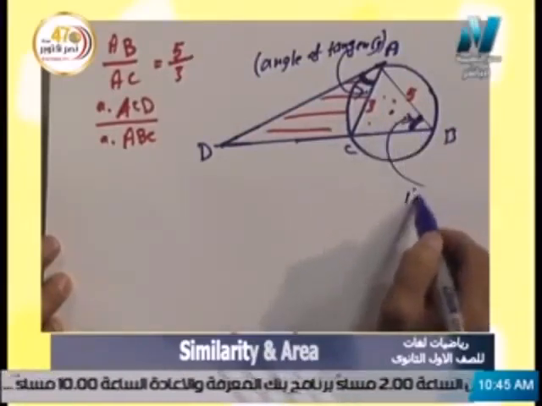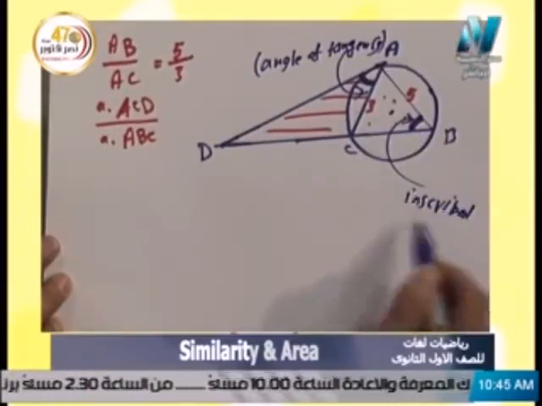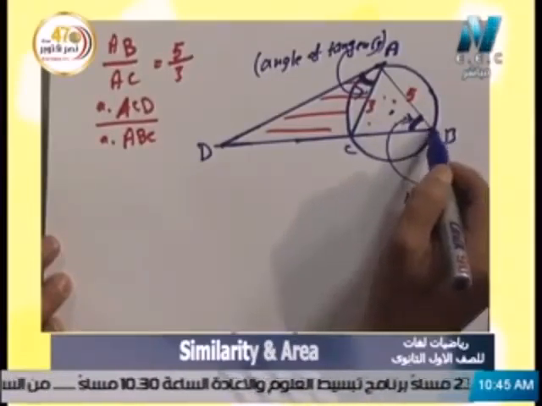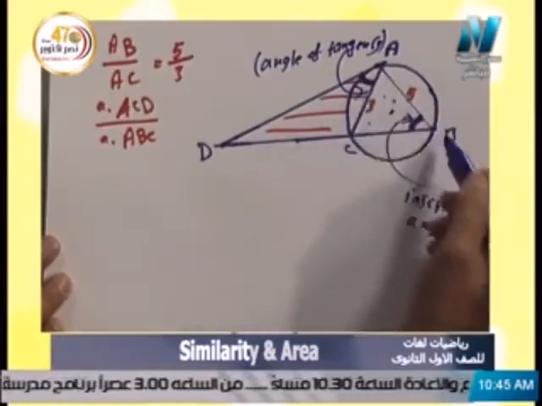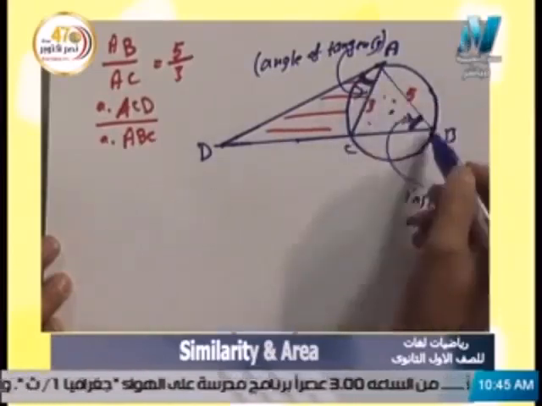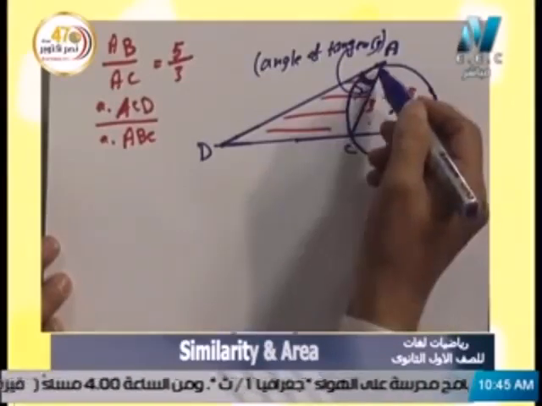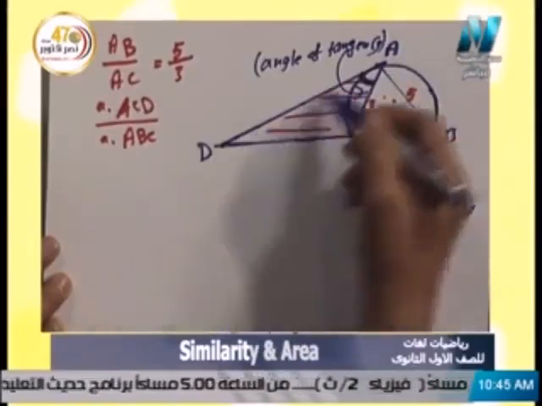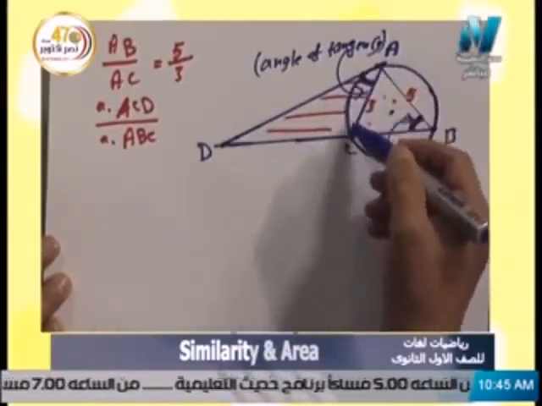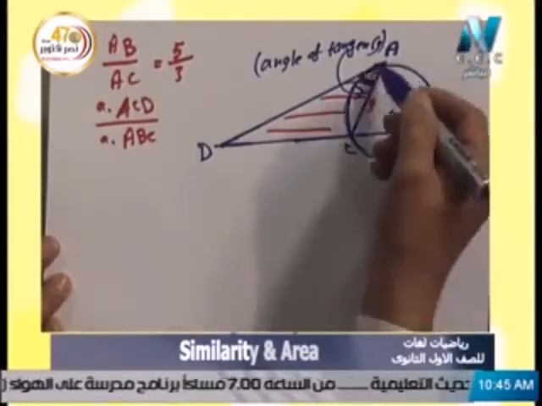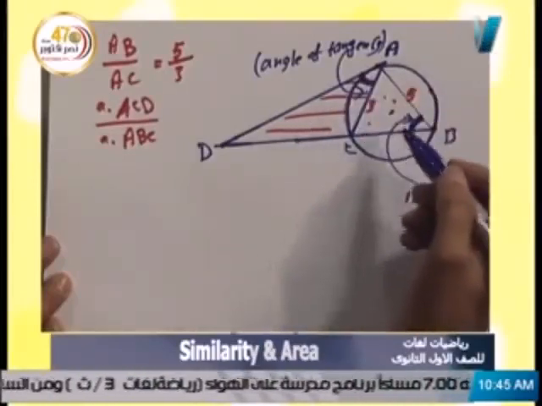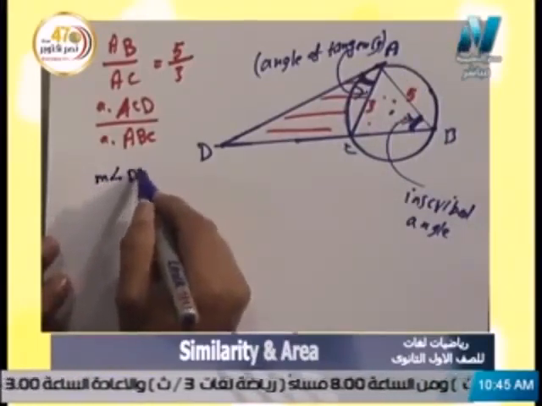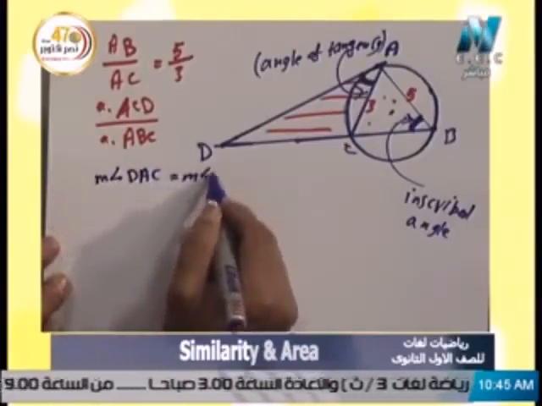The inscribed angle, because its vertex is on the circle and its two sides are chords of the circle. These two chords intercept the same arc as the angle of tangency. The angle of tangency subtends the arc AC, and the inscribed angle also subtends the same arc AC, so they are equal in measure. So we can say that measure angle DAC equals measure angle B.